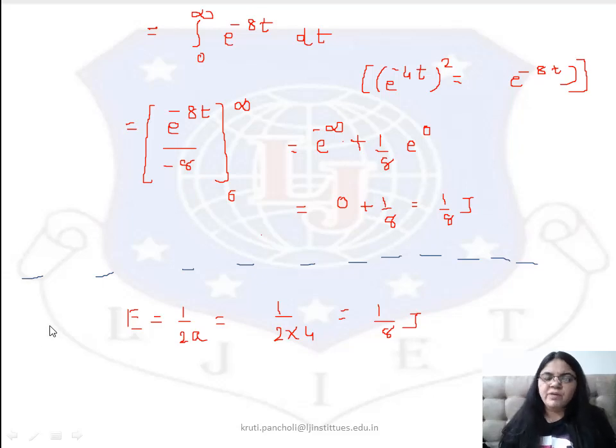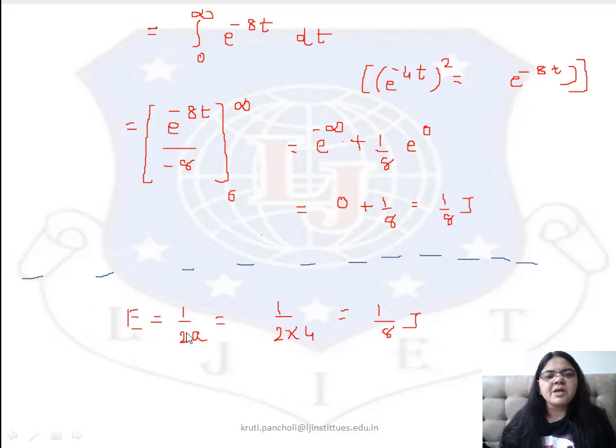Now again, we know that whenever the e^(-at) u(t) function is there, it's an energy signal, and the energy of the energy signal is always 1 upon 2a. So in a multiple choice question, when it can be asked what is the energy for the e^(-4t) u(t) function, you have to find out the answer simply by considering this.